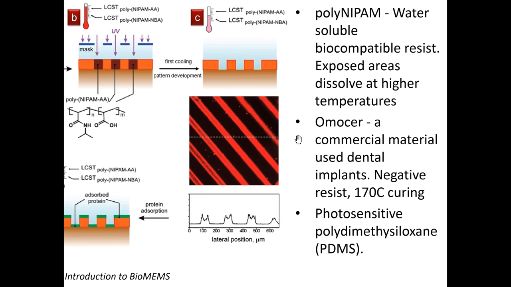It's FDA approved as a dental implant. It's basically a UV curable acrylic type material. It's a negative resist, meaning that the regions that are exposed to light cure, and then you have to heat it up also to 170 degrees Celsius. Again, some dental implants use this.